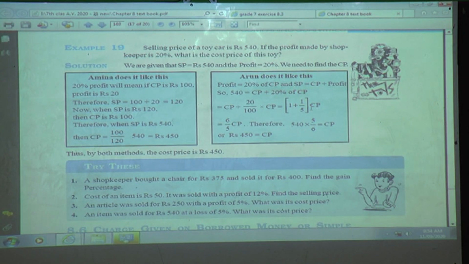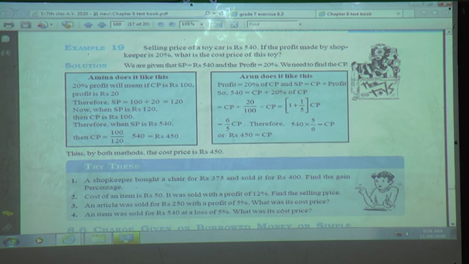So 540 multiplied by 5 upon 6, because it will be the reciprocal, is equal to CP. Therefore rupees 450 is equal to CP.